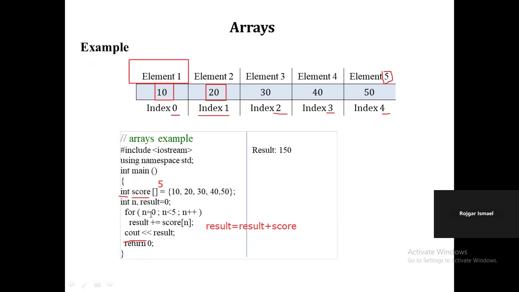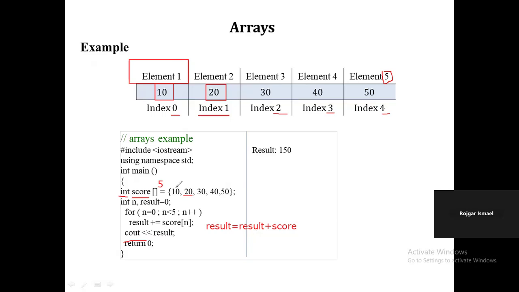This is the first element. And then in the second iteration, the compiler will take the second element, which is 20.